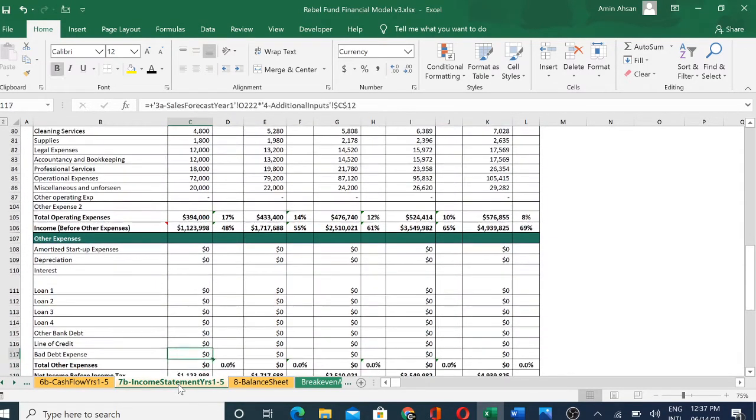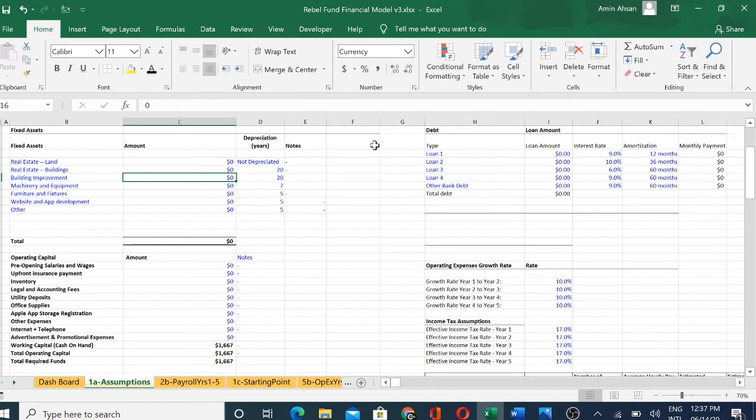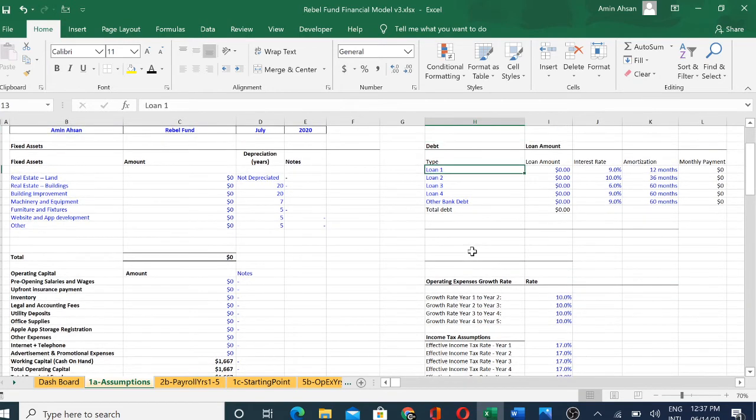Now let's talk about the interest rates. If you want to take some loans from your banks, here you have to enter, this is loan 1, 2, 3, 4 or other bank debt.